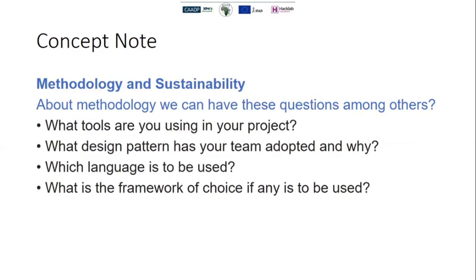Then, under the methodology and sustainability, we can have the following questions among others. What tools are you using in your project? What design pattern has your team adopted and why? What language is to be used?